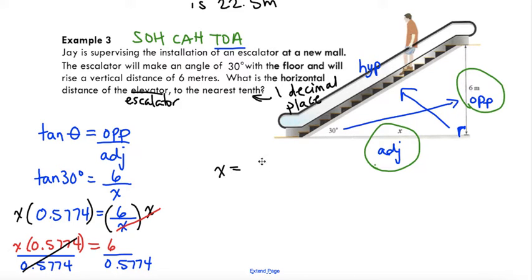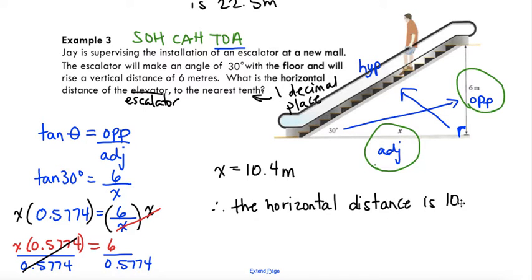And when I take my calculator and work out 6 divided by 0.5774, and I keep it to the nearest tenth, so that's 1 decimal place, I get an answer of 10.4. And I have to think about what I am measuring in. So I'm measuring in meters, and so I have to include that in my final answer as well. And the last thing that you need for word problems is a concluding statement. So therefore, the horizontal distance, because that's what I was looking for, is 10.4 meters.